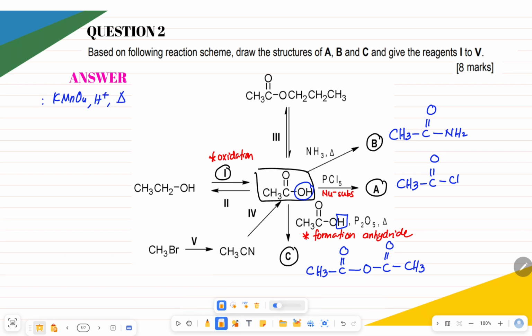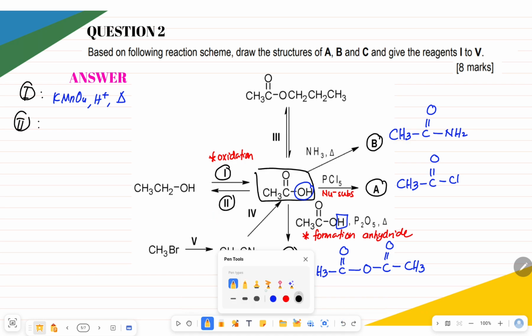We need to use strong oxidation. We cannot use PCC because PCC cannot form carboxylic acid. PCC can only form aldehyde. So strong oxidation, that is for number 1. Number 2, if we want to go from carboxylic acid back to your alcohol, we need to undergo the opposite process, which is reduction.